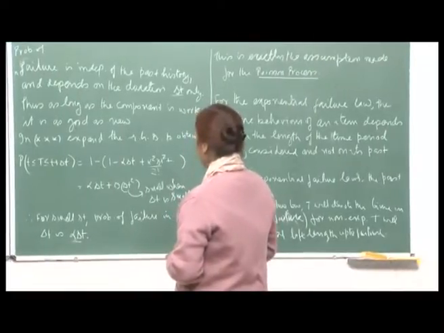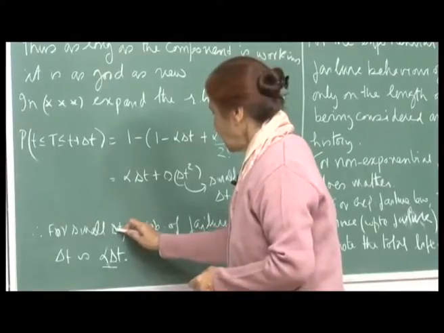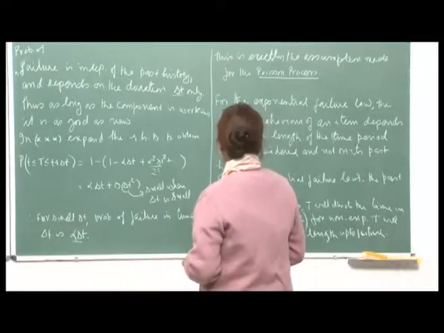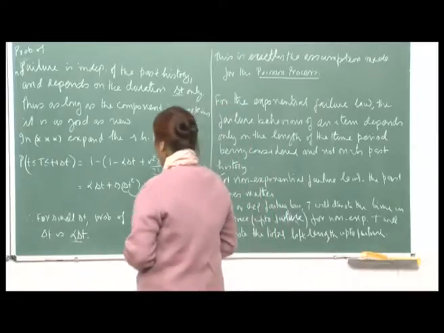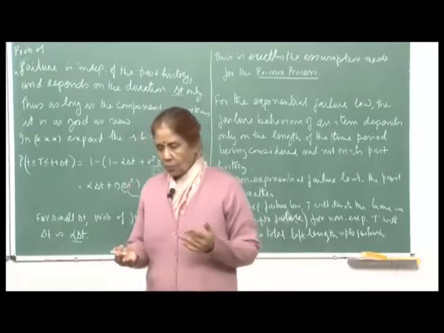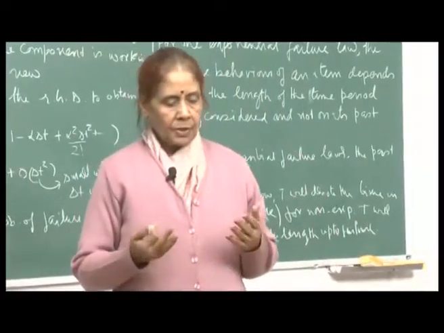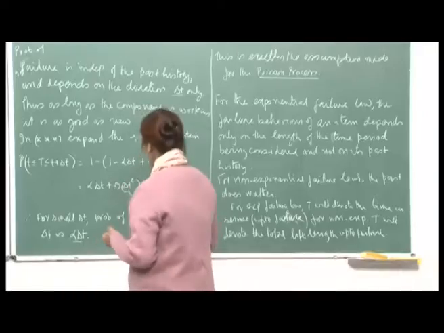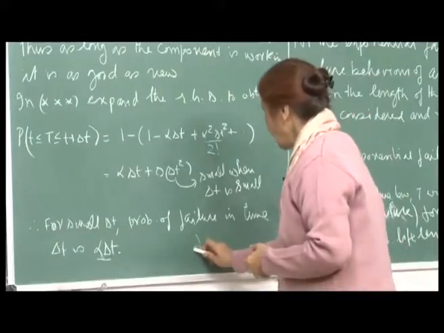Now, I am saying the same thing again. This is nothing but your Poisson process. This is one of the basic assumptions of a Poisson process. In fact, what you can say here is that, suppose you have an electronic device and you have a lot of components which follow the same exponential failure law, and they have identical distribution, that is, the same parameter lambda, let us say.